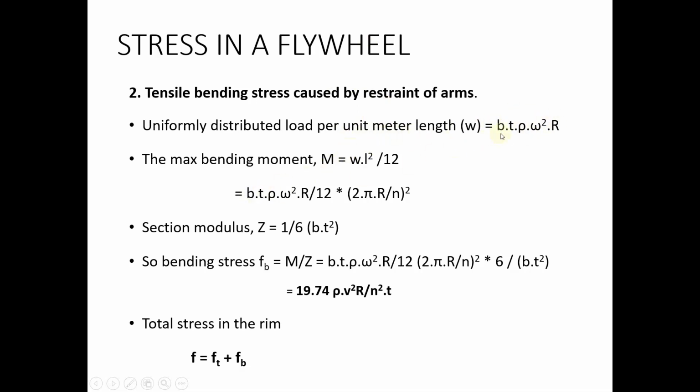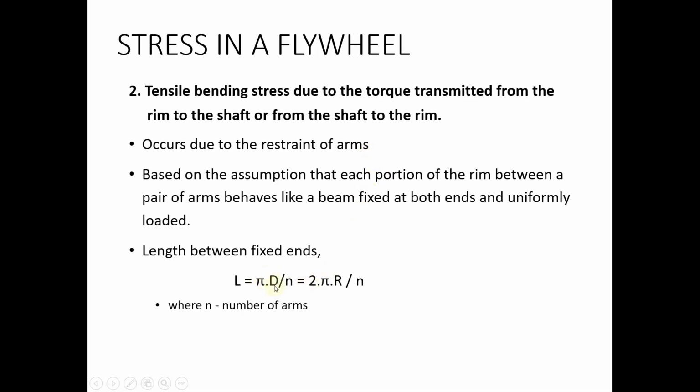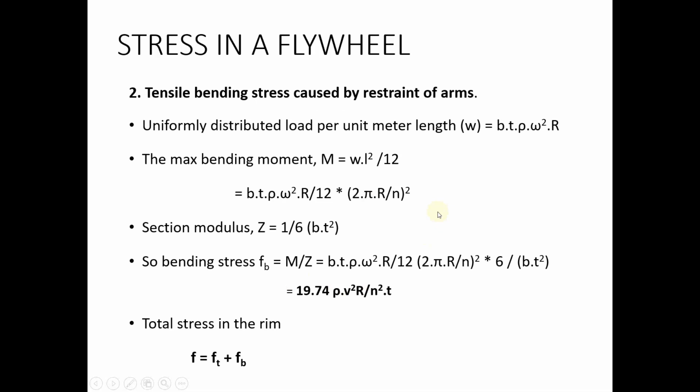So we get B T rho omega squared R by 12 into the L value, which we take from the expression 2 pi R by N. So 2 pi R by N the whole square, because it is L square.